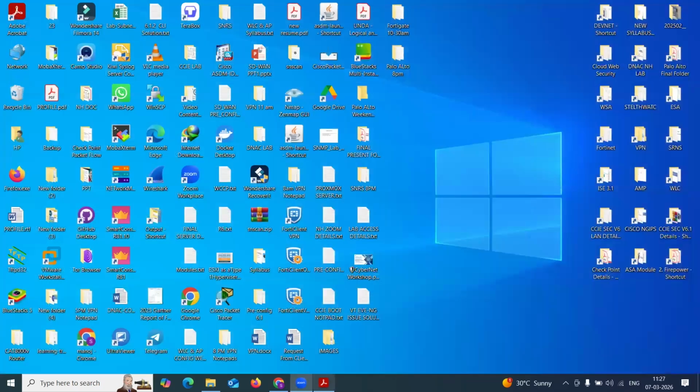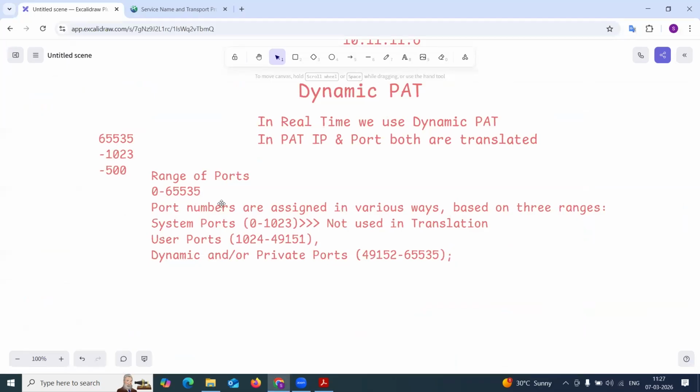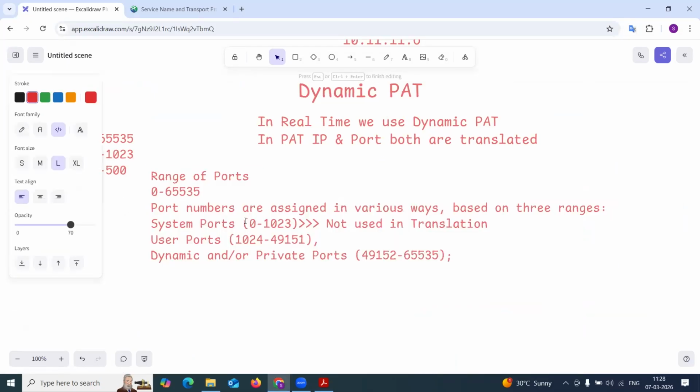Look here, from 0 to 1023, these 1023 port numbers are already occupied. They won't participate in a translation.